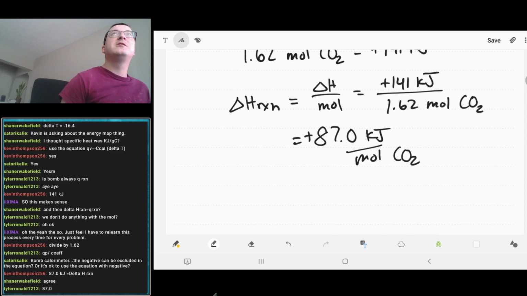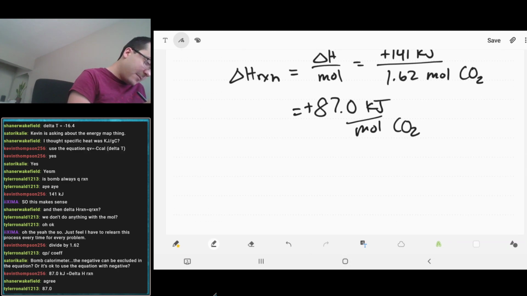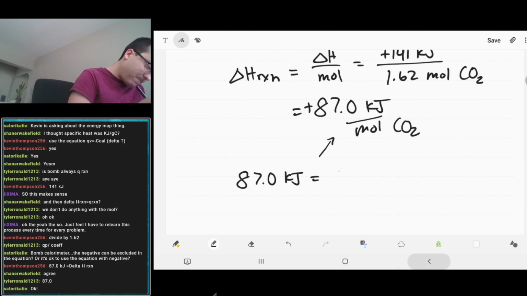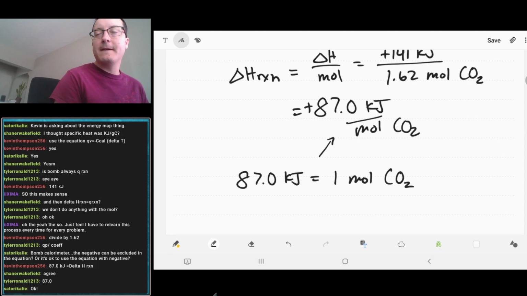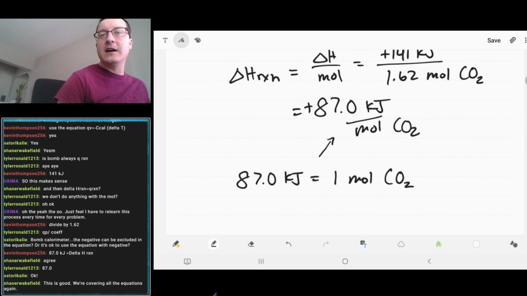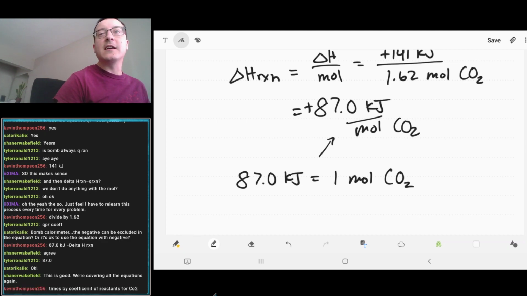I didn't want to make this one tricky for you guys, but I accidentally made it tricky for you. I'm sorry. You're probably asking, why is it tricky? Because this number tells us we have it for 1 mole.